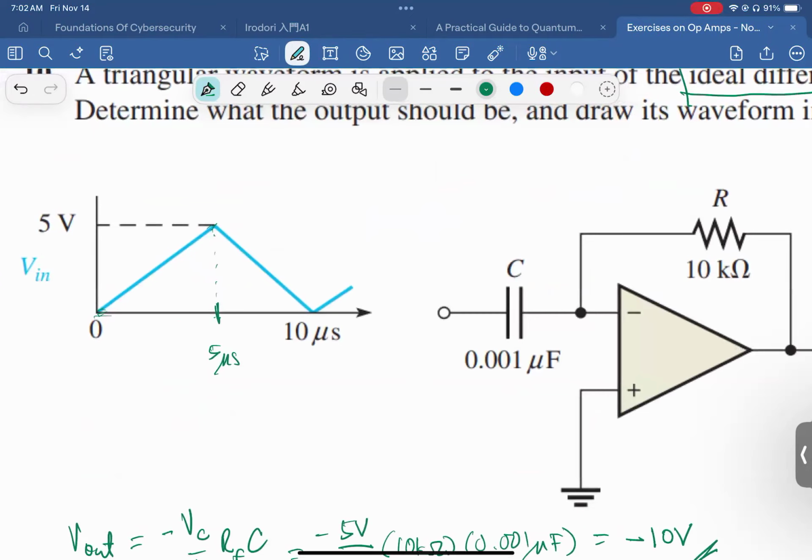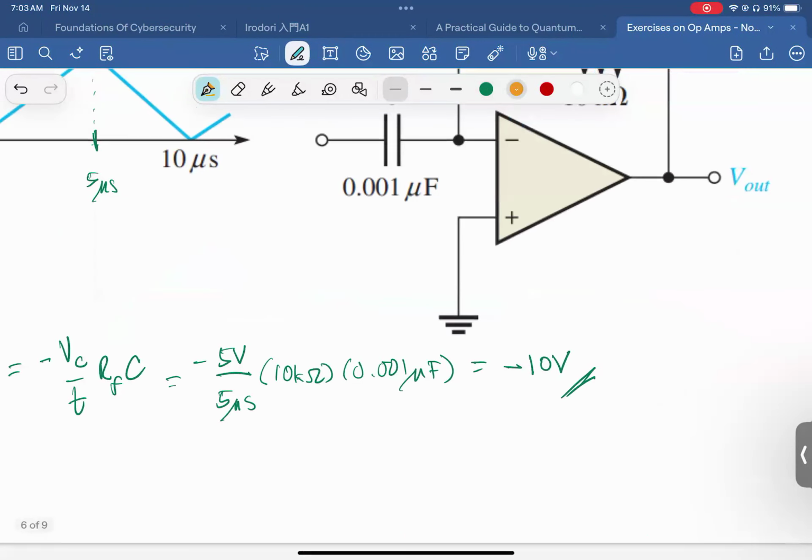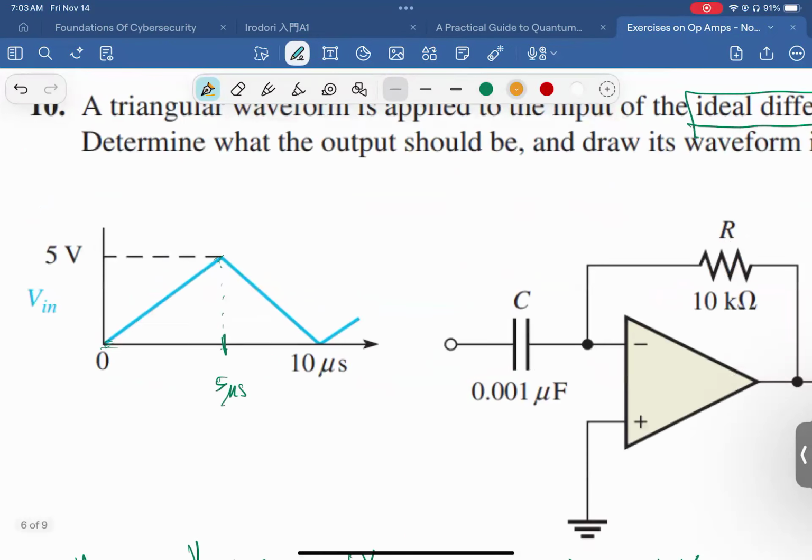And alam natin na magbibigay ito ng output na square kasi di ba if it's a linear function, and you differentiate that, then you get a constant. Pero may negative sign ka dyan, so isi-shift niya yan out of phase by 180 degrees.